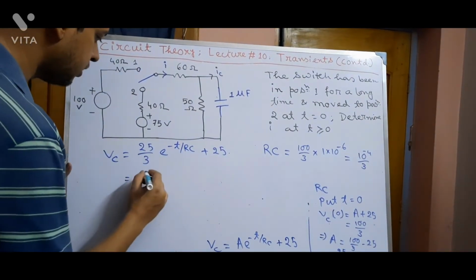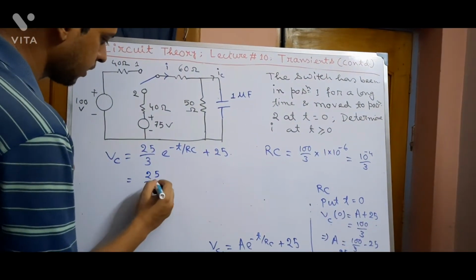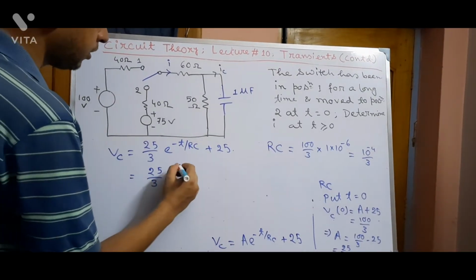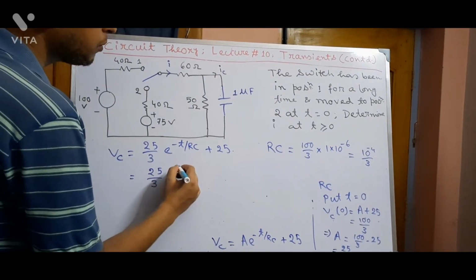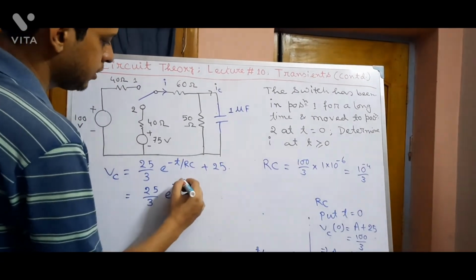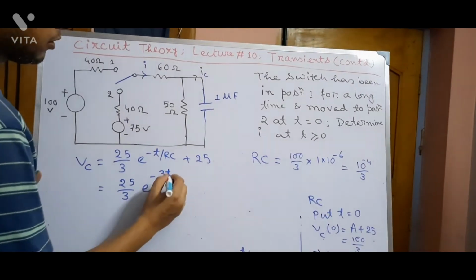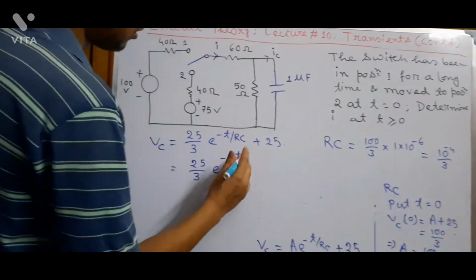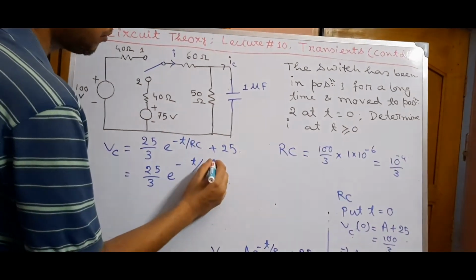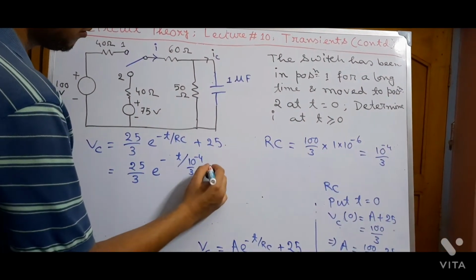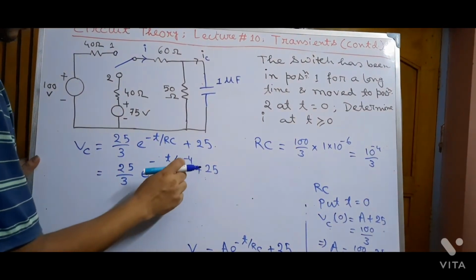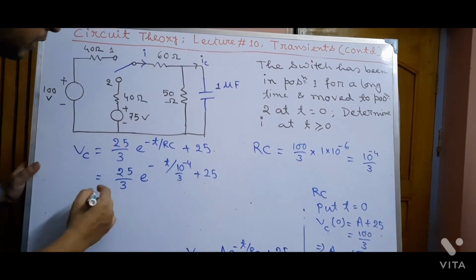Therefore Vc can be written as 25 by 3 e to the power minus t by RC, that is 3t by 10 to the power minus 4, plus 25. Let us take both at the numerator.